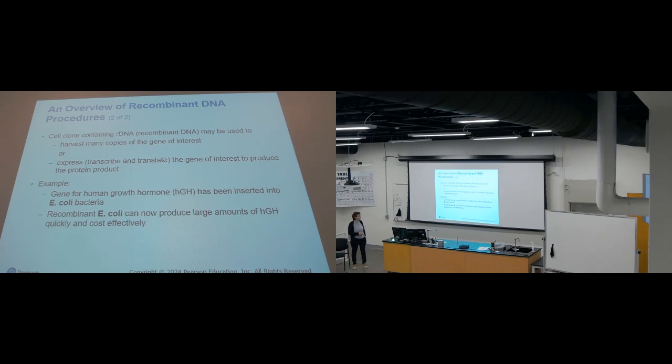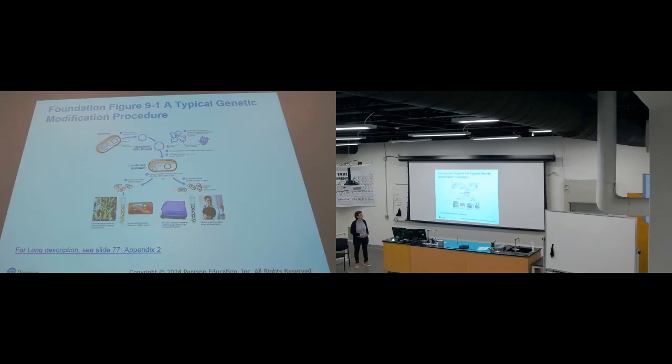So that's recombinant DNA. An advantage of this is that you can make a large amount of these proteins, and then they can be purified, of course, to be used. So you cannot use these cells or this product without purifying it, and that's cost effective.